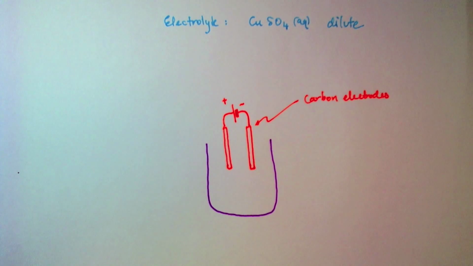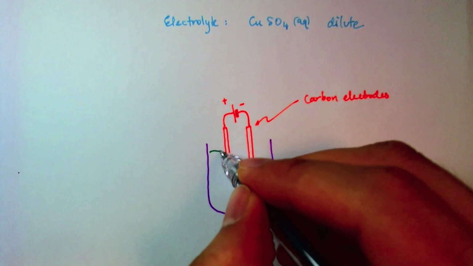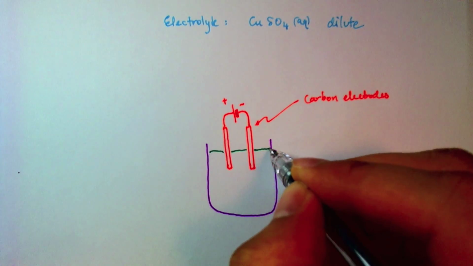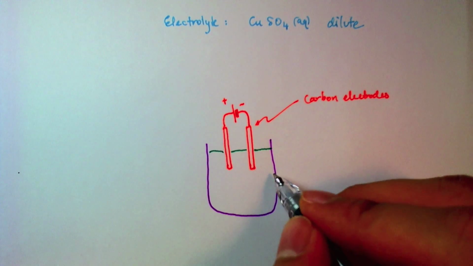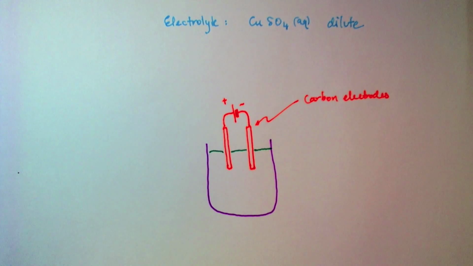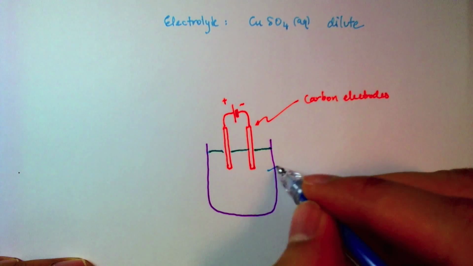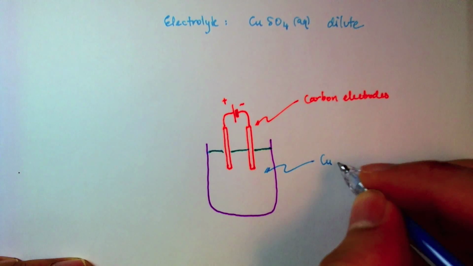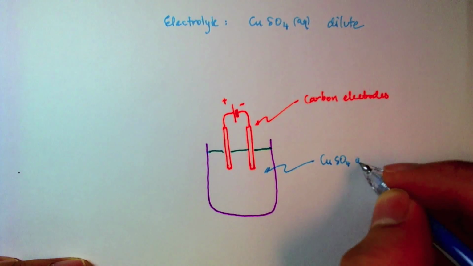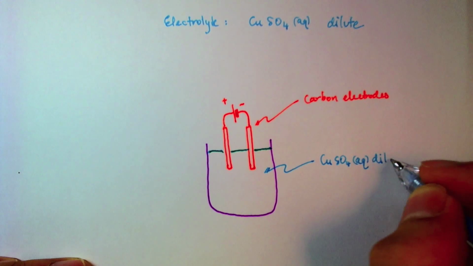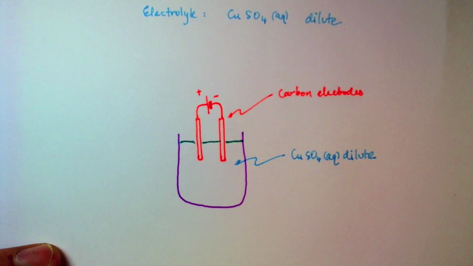Carbon electrodes, and I'm going to fill my beaker with a solution of copper sulfate. Since copper sulfate is blue, I'll use a blue pen instead. So I have copper sulfate, aqueous, dilute in here.